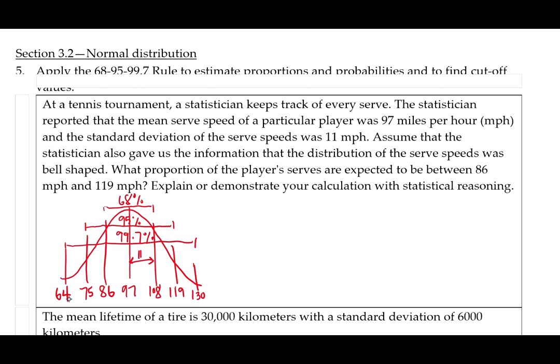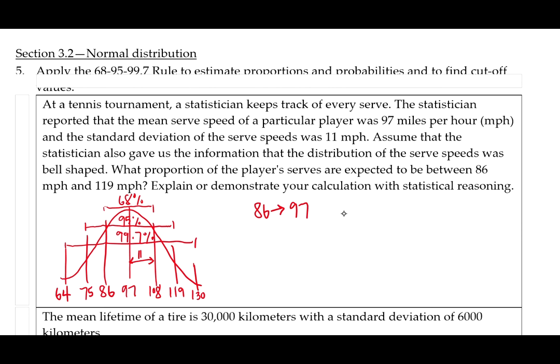So this question asks, what proportion of the player's serves are expected to be between 86 and 119? So that's from 1 standard deviation below the mean to 2 standard deviations above the mean. So from 86 to 97, I have 1 standard deviation.